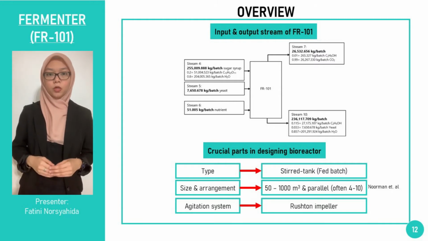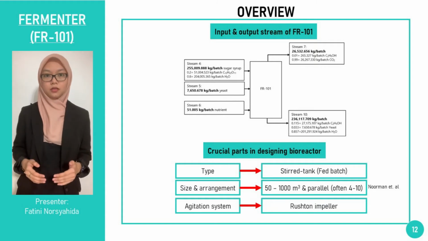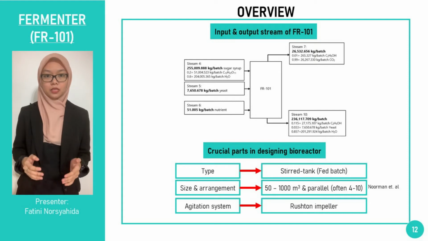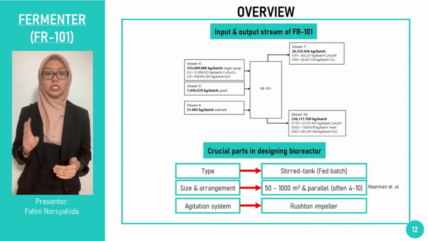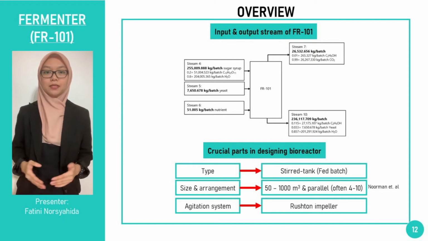Even though the volume is within the range of a typical industrial fermenter, it is believed that a smaller fermenter is more economical and the minimum number of fermenters for parallel arrangement is 4. Therefore, we chose 4 fermenters for our plant.